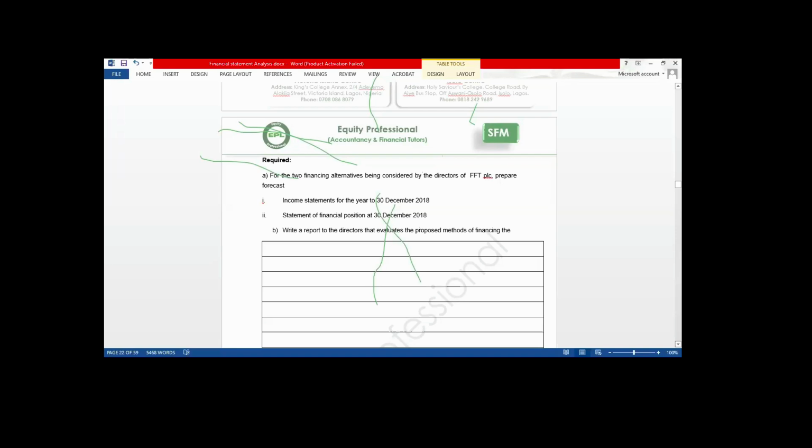Then write a report to the directors that evaluates the proposed method of financing the expansion.